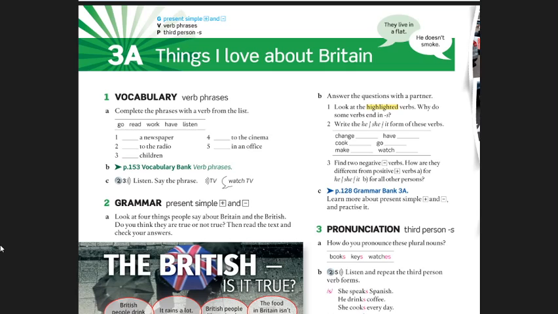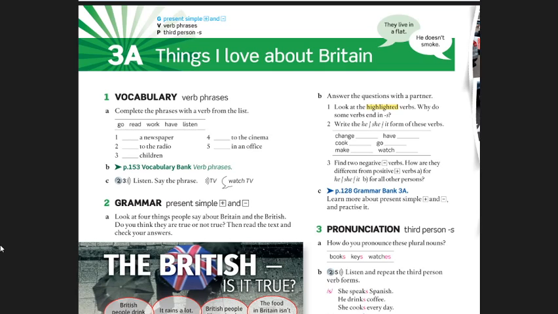So in the first part we are going to work with vocabulary, okay? What you have to do is complete the phrases with a verb from the list. You have different verbs in the list and phrases which complete a phrase. So match the verbs to the phrases or words, yes?